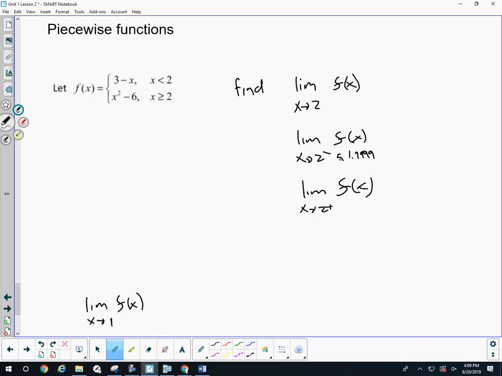Now, if I were to use 1.999 and plug it into this function, I need to look at this domain and make sure I read, okay, for values that are less than 2, I should be using 3 minus x. Okay, so I'm going to use 3 minus x. And technically, you could think about plugging in 1.999 in for 3 minus x. But you might as well just plug in 2.